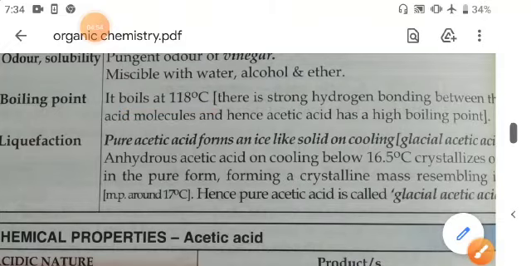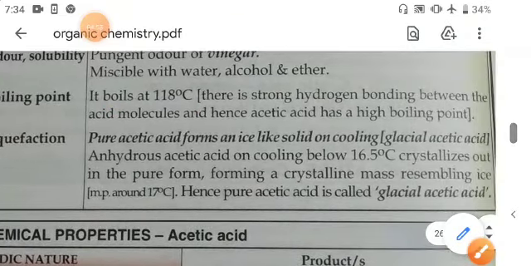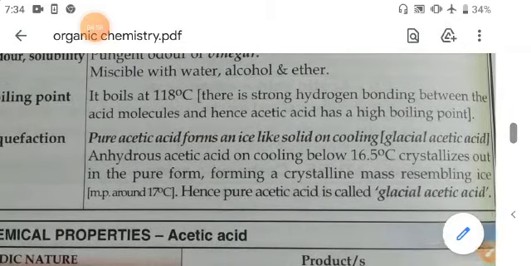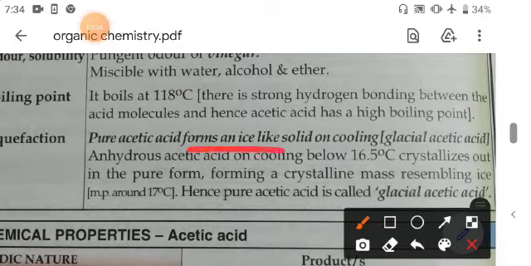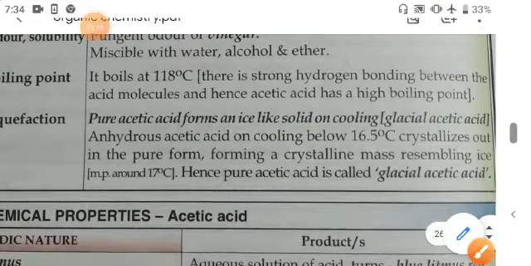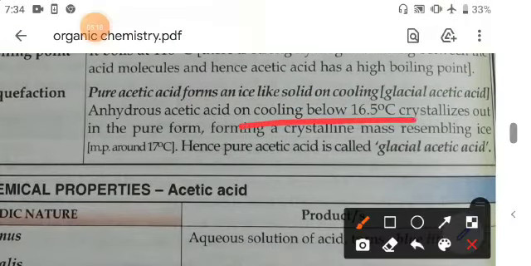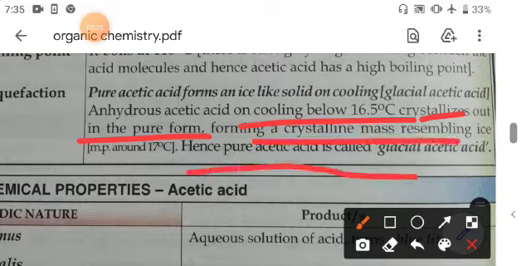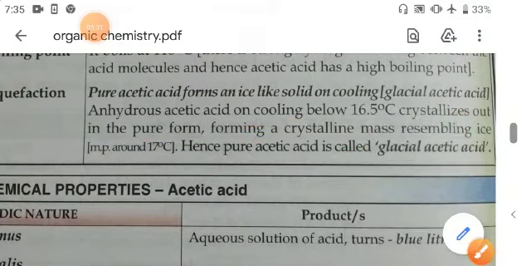Now liquefaction: pure acetic acid forms an ice-like solid on cooling, that is glacial acetic acid. It is very dangerous, it can burn your hands also. Anhydrous acetic acid on cooling below 16.5 degrees centigrade crystallizes out in pure form, forming a crystalline mass resembling ice. Hence pure acetic acid is called glacial acetic acid.